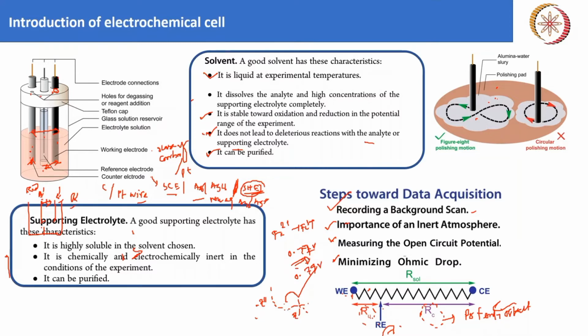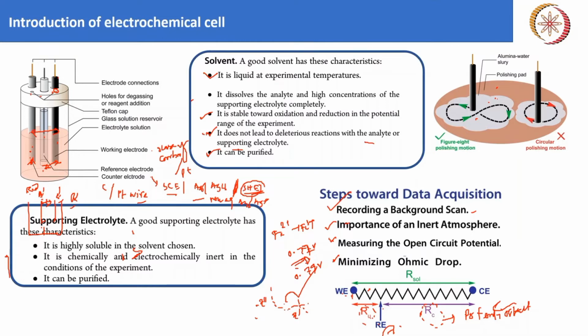This difference is due to the uncompensated resistance. You can minimize it by measuring manually before doing the experiment.